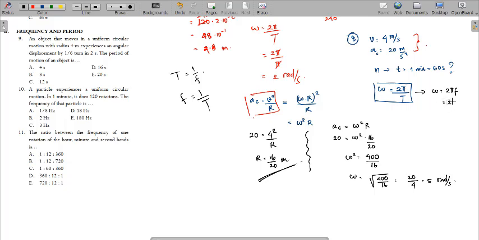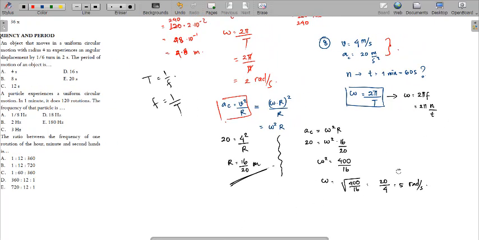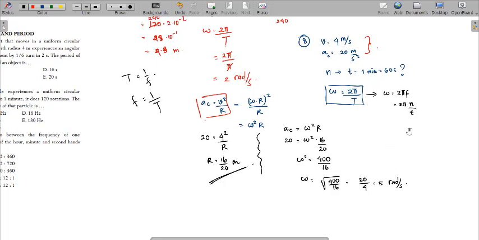Frequency is how many times divided by time, how many circulations, how many rotations for each time. So now omega is 5, 2π, f is the one that we are looking for, and time is 60.